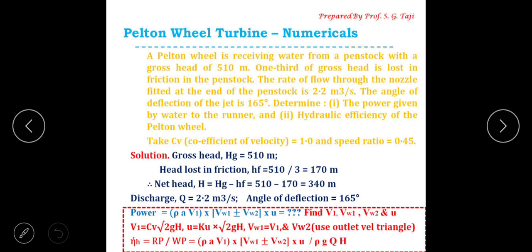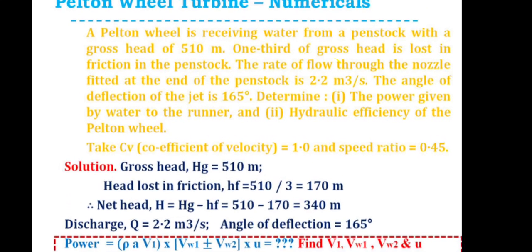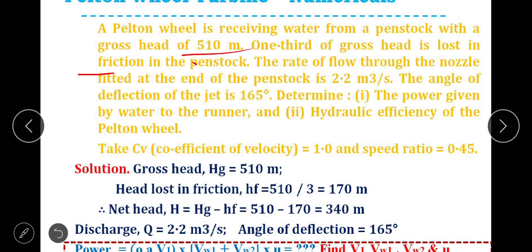Okay. Next problem. A Pelton wheel is receiving water from a penstock with a gross head of 510 meter. 1/3 of gross head is lost in friction in the penstock.